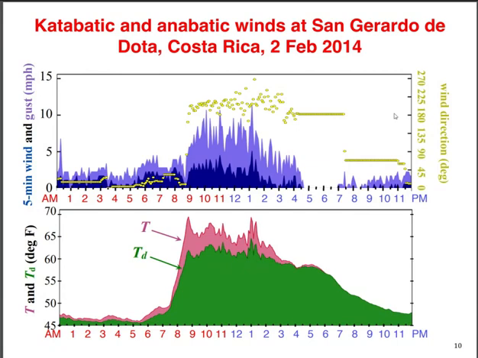So at night we have a katabatic flow. You'll have to trust me on this, that this wind direction is down the valley, and it's a sloping valley. So it's not just a slope, it's actually in a valley, but it's a pretty strong slope to the valley. So you have katabatic flow at night, and the sun peeks out over the ridge, and you get an anabatic flow. The thing reverses.